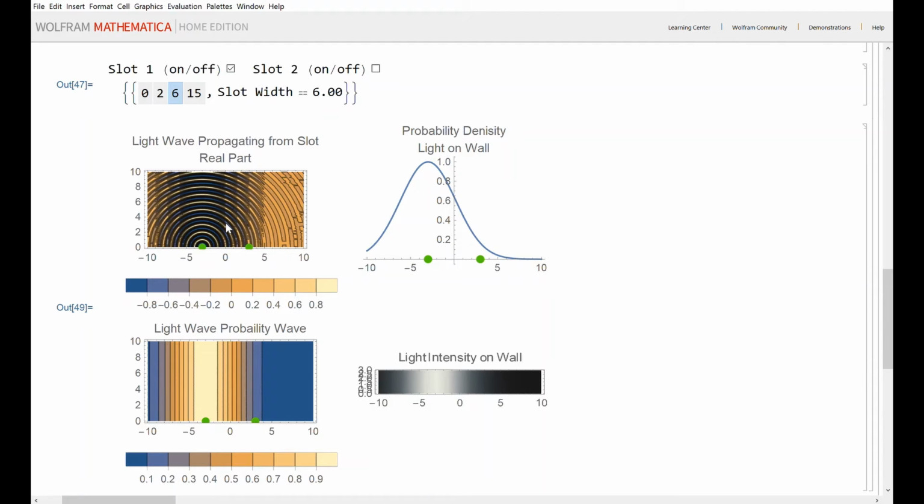Imagine the light parts of the circles being your amplitudes, your heights, and the dark parts your troughs, your depressions of your cosine wave as it propagates out from the aperture.